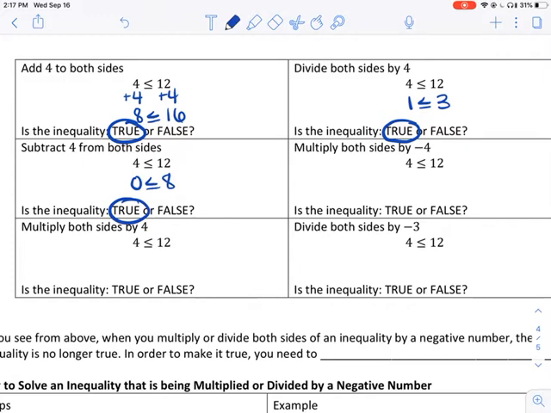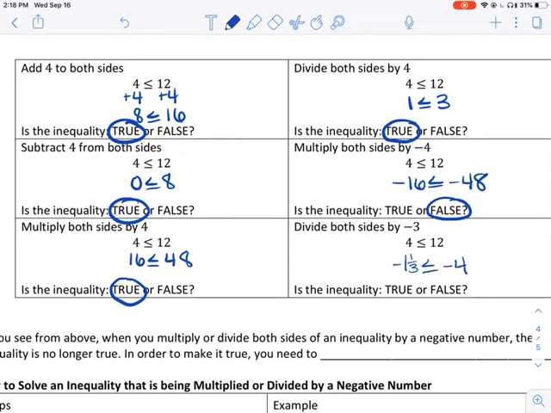When I multiply both sides by -4, I get -16 is less than or equal to -48. And you may be tempted to say this is true, but -16 is actually larger than -48, so that's false. When I multiply by 4, I get 16 is less than or equal to 48, and this one is true. And then when I divide by -3, I get -1 1/3 is less than or equal to -4.